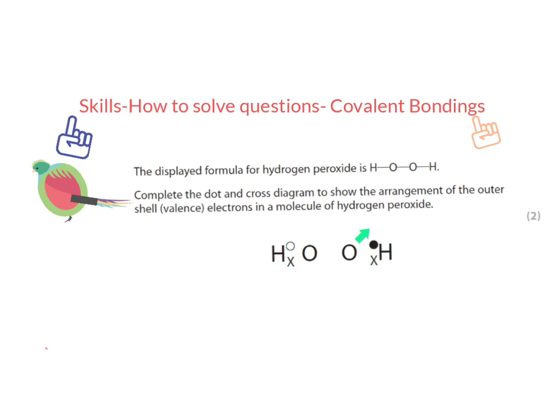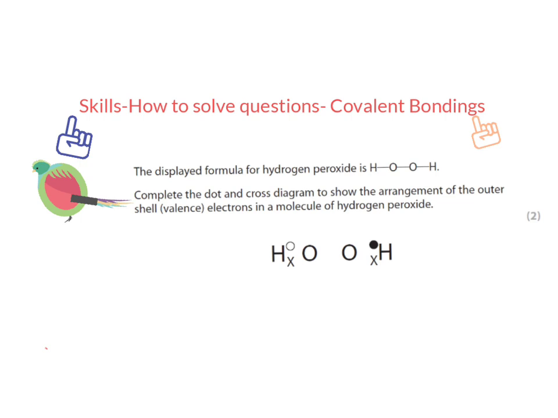In these types of questions, you can choose dots for oxygen and crosses for hydrogen, or cross for oxygen and dot for hydrogen, it doesn't matter. But sometimes in some questions a key is given, which I'm going to mention in the last part of this video, and if a key is given, we have to follow the key to get full marks.